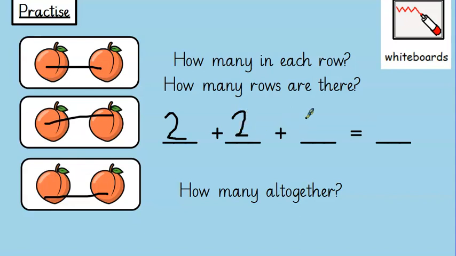Can you help me counting 2s to find the total? 2, 4, 6. Superstars. There are 6 altogether.